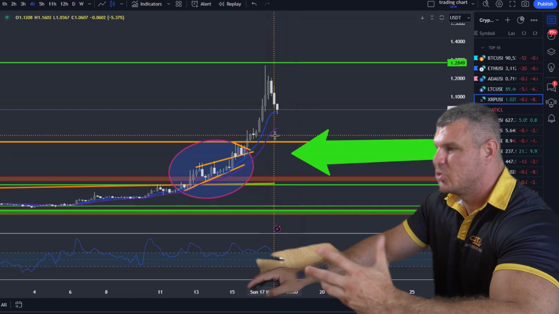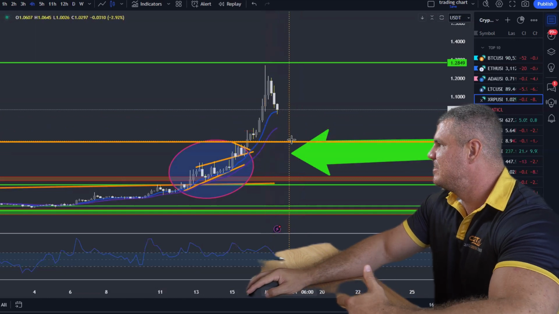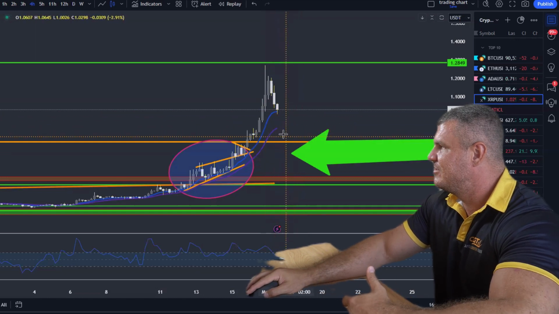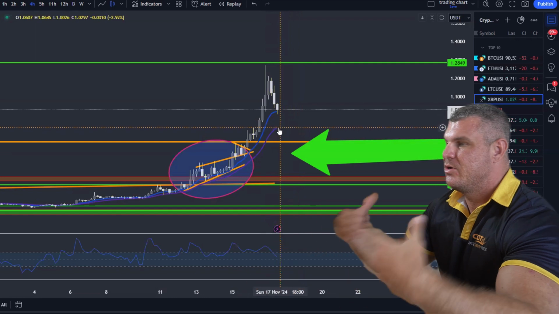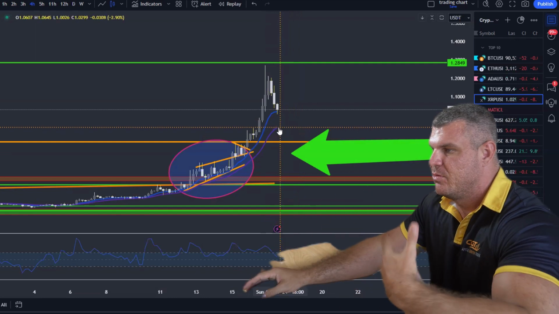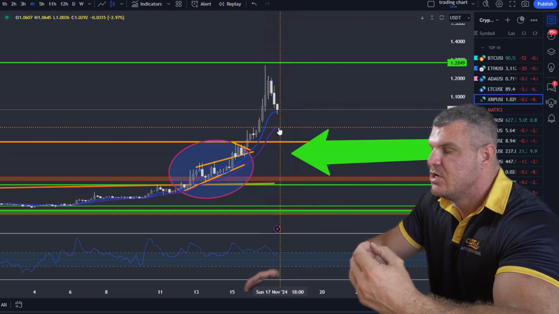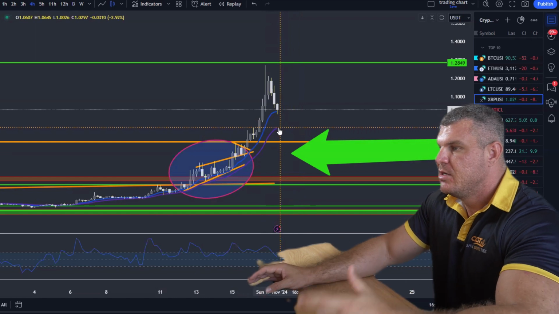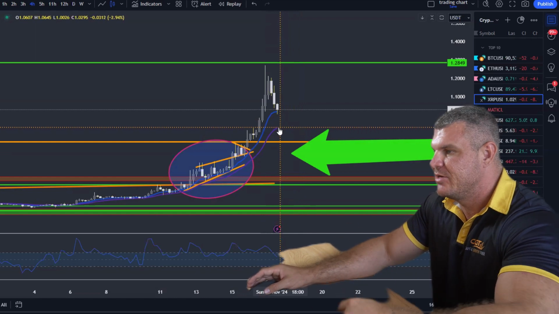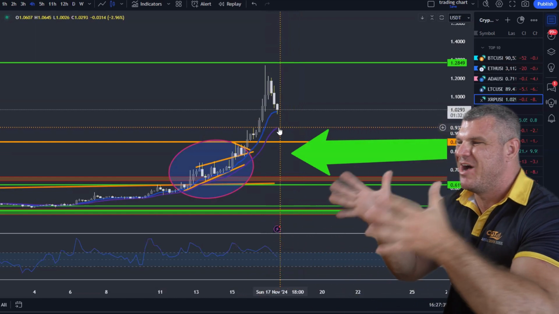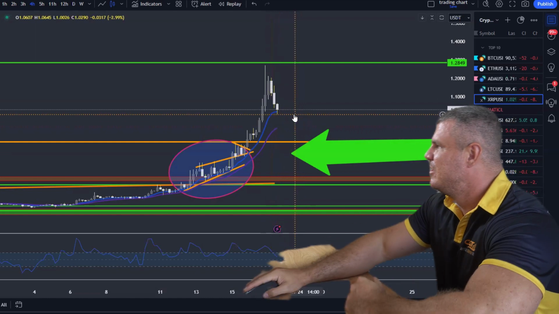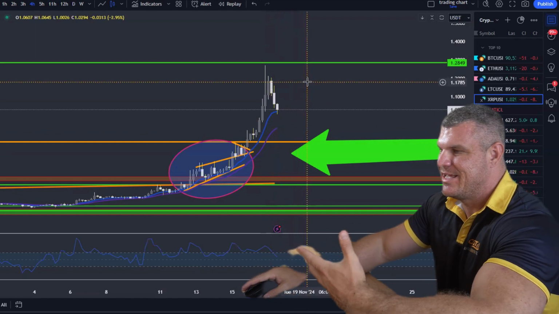So I'll start to stalk this coin a little bit more once we come down into these levels, and I'll start to take positions from the wicks, from better positions and things like that, bullish candlestick patterns, and just showing where buyers are wanting to buy this asset from. So then we can start to take that next leg up.